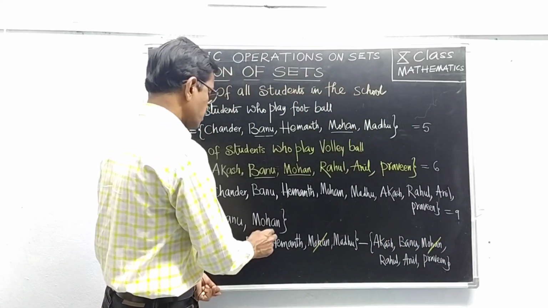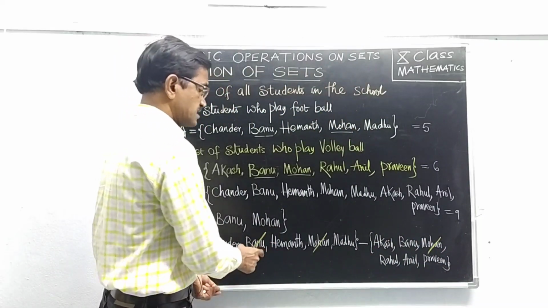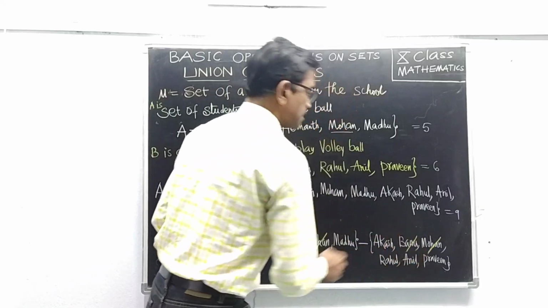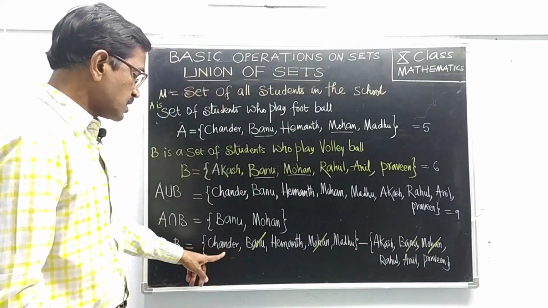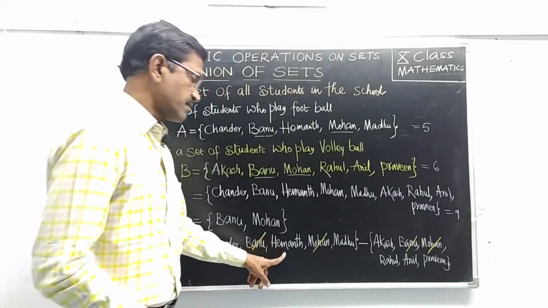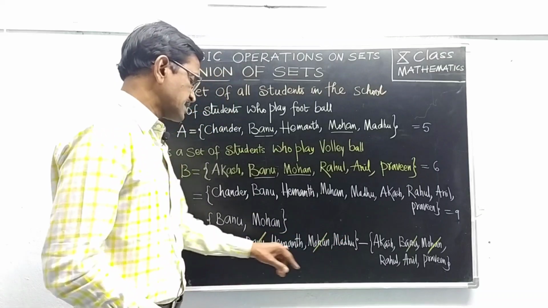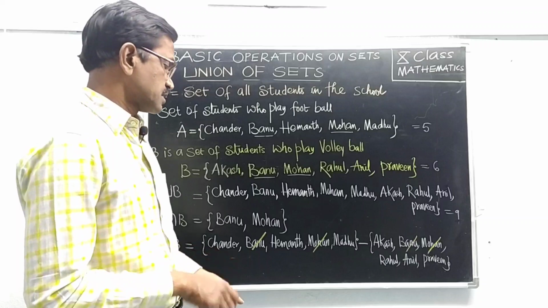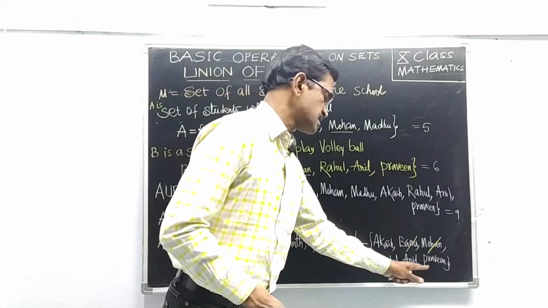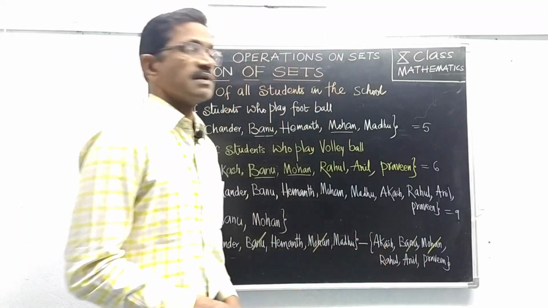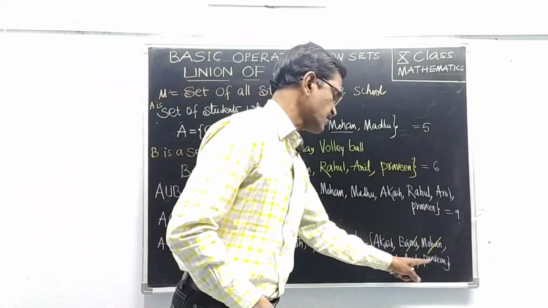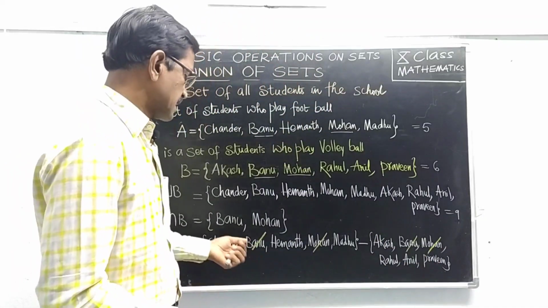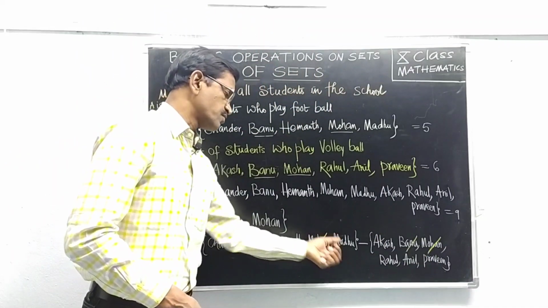And Banu also exists in the first team and second team. Strike them out, and only in A: Chandar, Hemant, Madhu. These three persons play only football. 4 persons, 1, 2, 3, 4, play only volleyball.